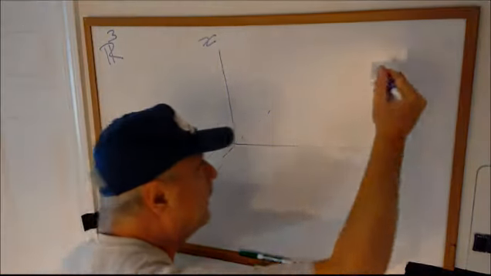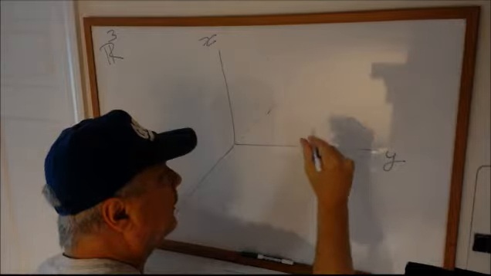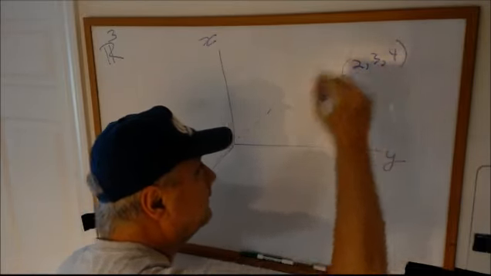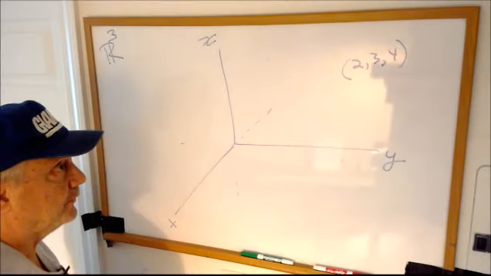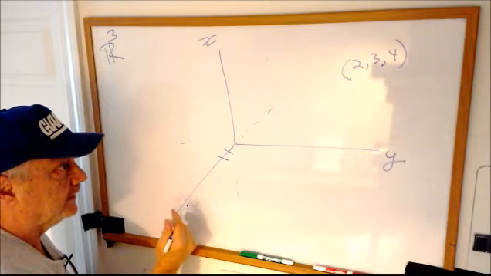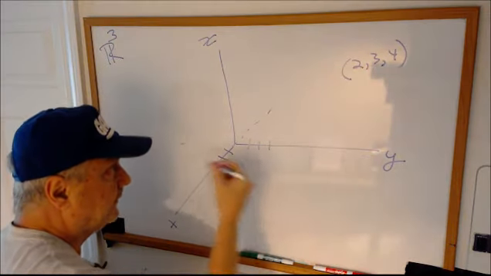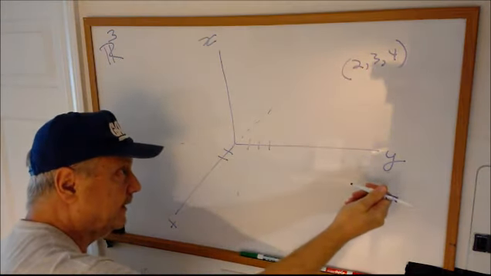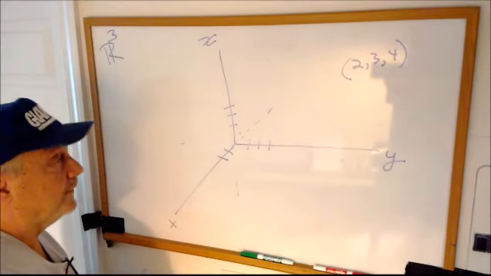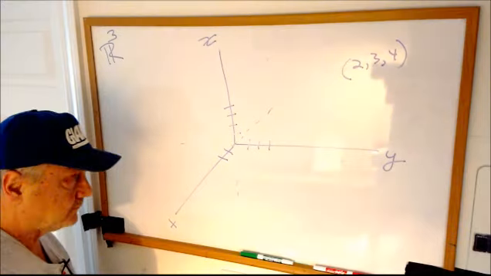So, to identify a point, say the point 2, 3, 4, we have 2 units out in the x direction, 3 units to the right in the y direction, and 4 units up in the z direction.